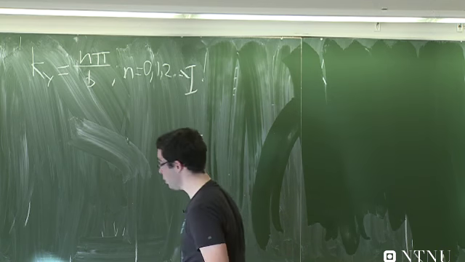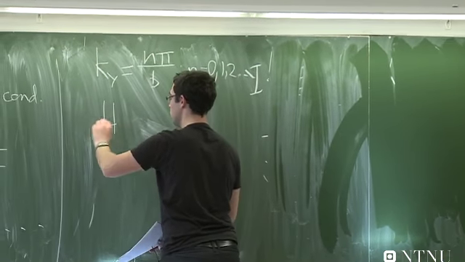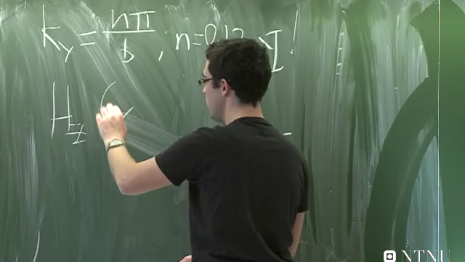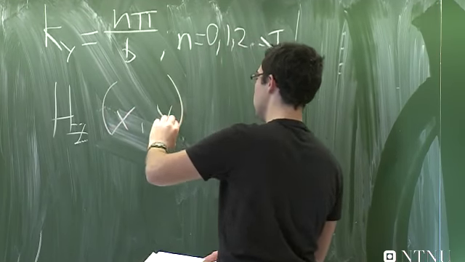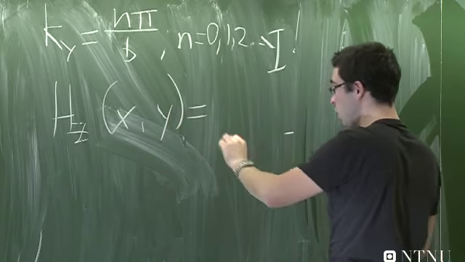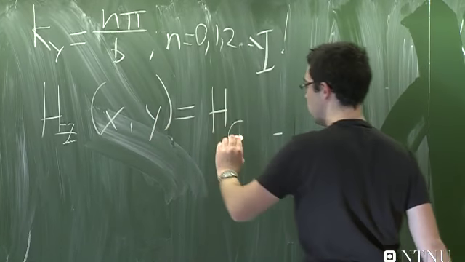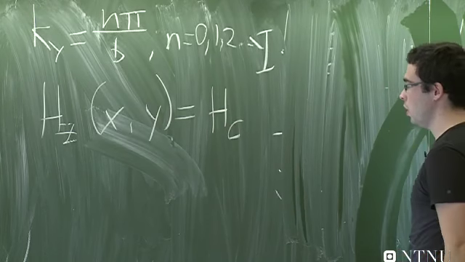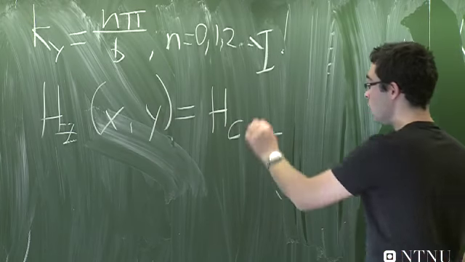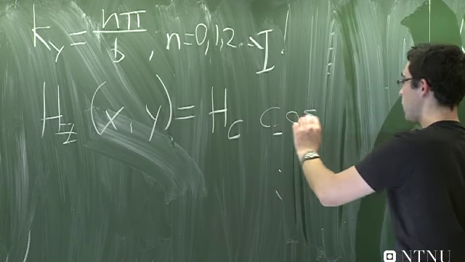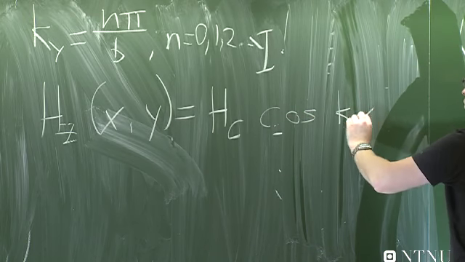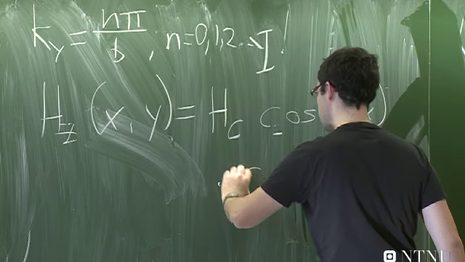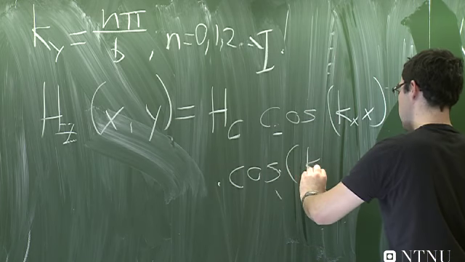Okay, and hence Hz, this is the prefactor now to the exponential, which depends on x, y. It's simply some constant Hc, which is the amplitude, and then cosine kx x, and times cosine ky y.